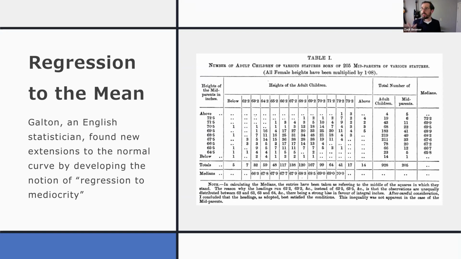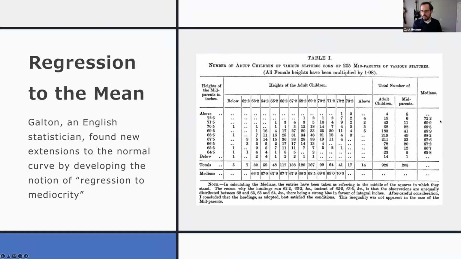But there's actually another interesting thing that Galton had observed, and he was the first one to observe this, which is that when you compare the heights of the parents to the typical heights of their children, that's the last column there, when you had parents who were rather tall, so 71.5 inches on average, the median height of their children was actually like 69.9 inches.